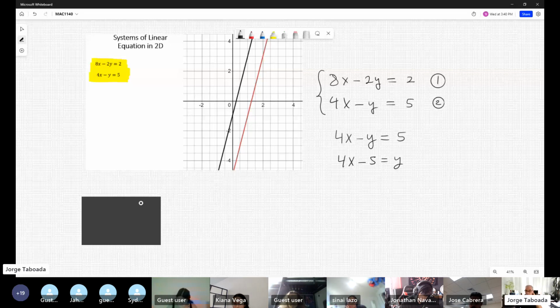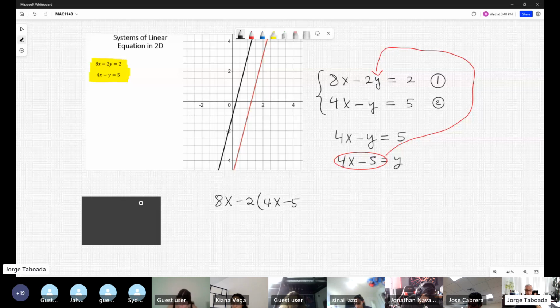Now, I take this expression and substitute it where? In the y place. Here, in the other equation, not in the same one. Let's copy now. 8x minus 2, but no y anymore, parentheses 4x minus 5.